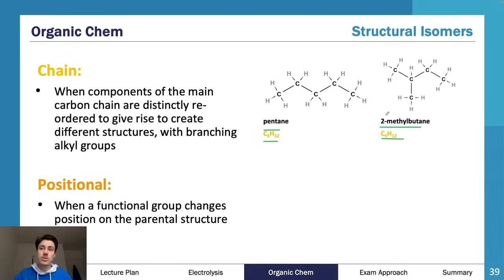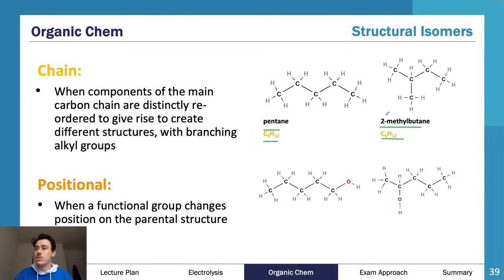Positional. Positional is where you actually move something. So you've got a functional group and it changes position on the parent structure. So as you can see here, you've got pentan-1-ol to pentan-2-ol. So you've got the same stuff. You've got an alcohol that's a pent, it's 5 carbons long. It's a pentane, they're all single bonds, but your alcohol has just moved.